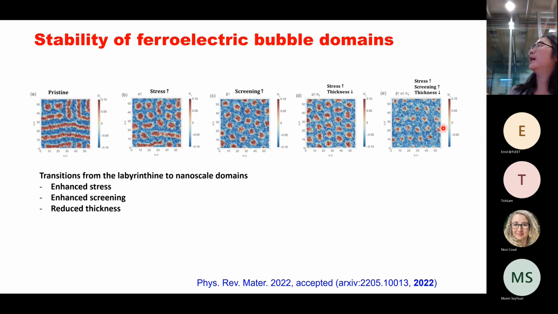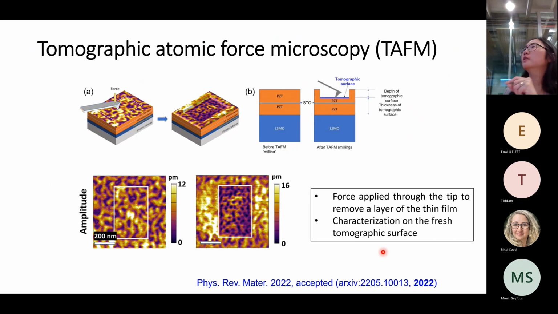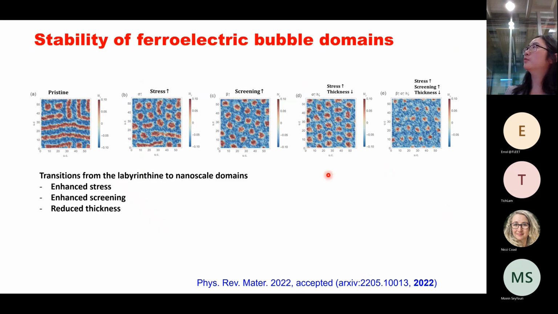We can also combine all these input factors to further tune the size of these nanoscale bubble domains.